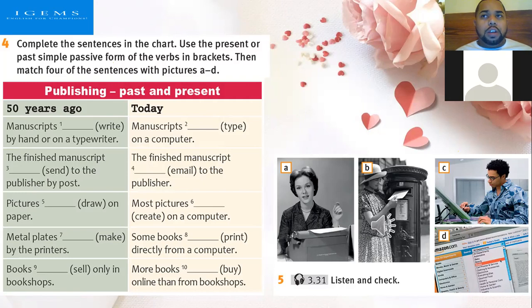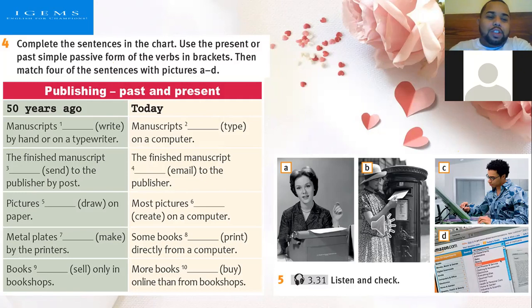Today, most pictures are created on a computer. Picture C. Fifty years ago, metal plates were made by the printers. Today, some books are printed directly from a computer. Fifty years ago, books were sold only in bookshops. Today, more books are bought online than from bookshops. Picture D.